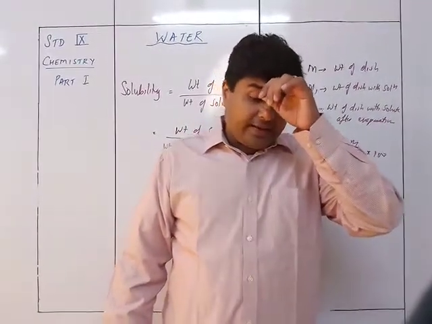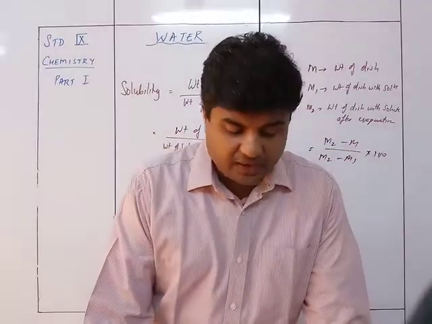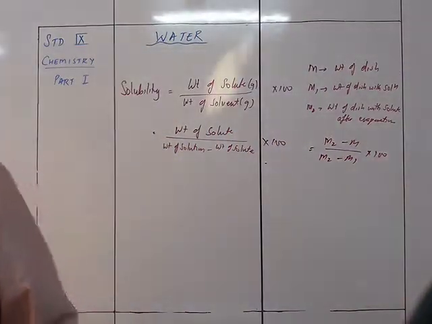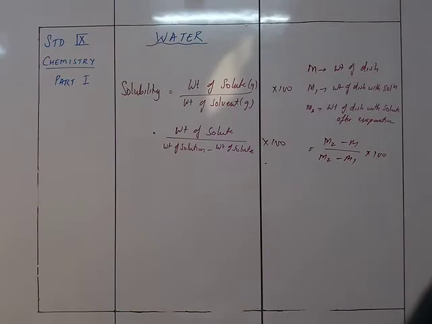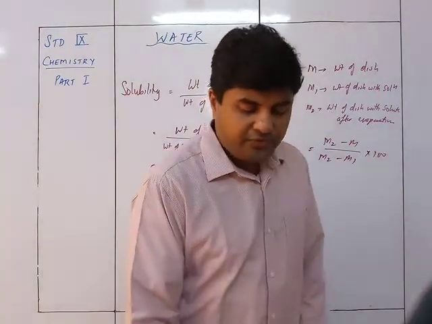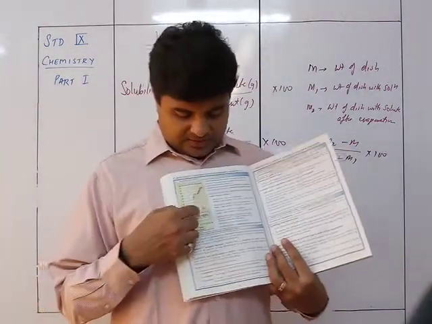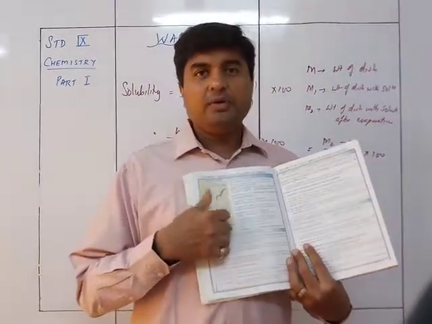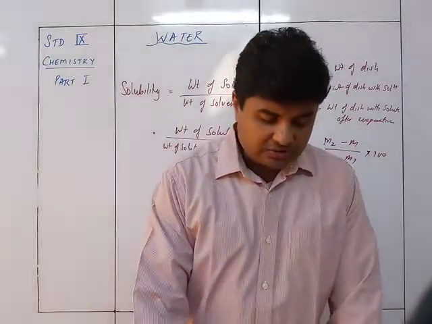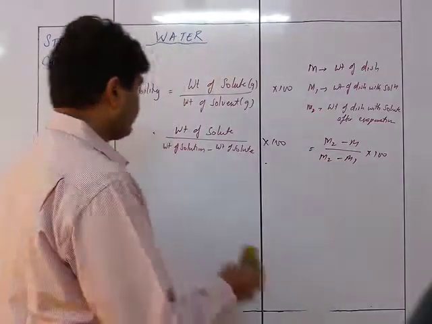We next see the solubility curves of the different substances. Now, if you see the figure over here, this particular graph is a very, very important graph. What is this graph about?